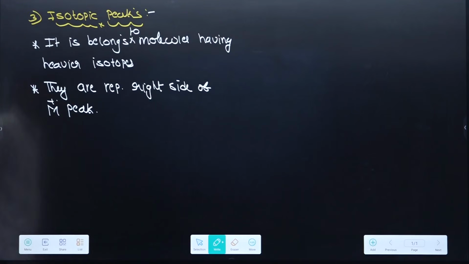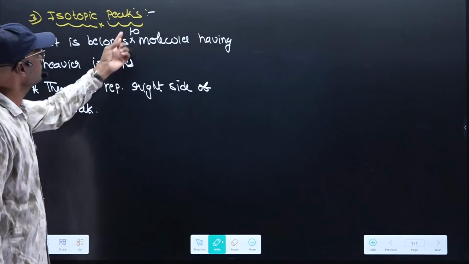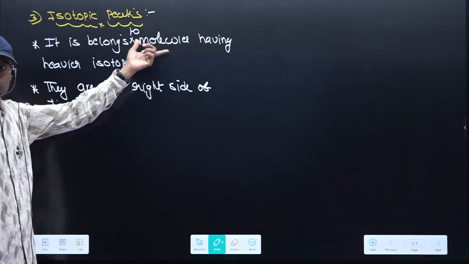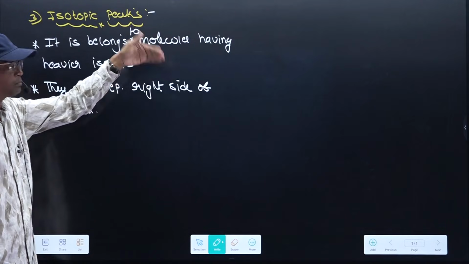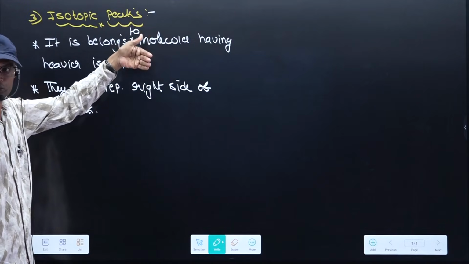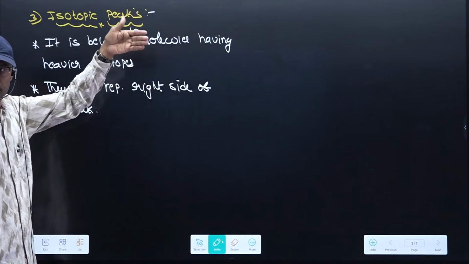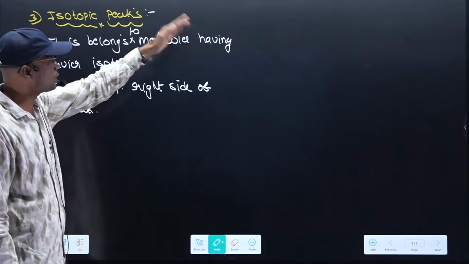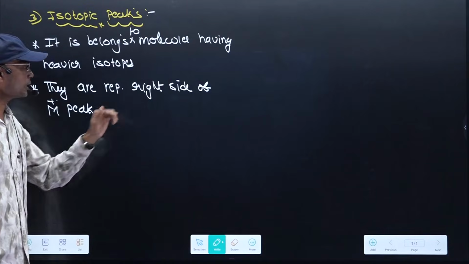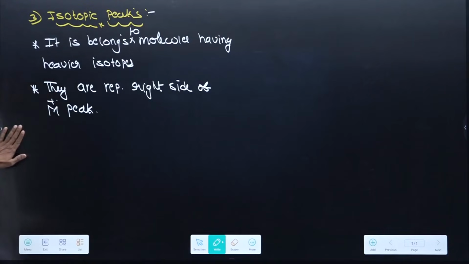Isotopic peaks are nothing but, if a molecule has a heavier isotope, generally the molecular ion is with the lighter isotope, and if any isotopes are included, you will get one additional peak that belongs to the isotopic peak. It is exactly on the right side of the molecular ion peak.